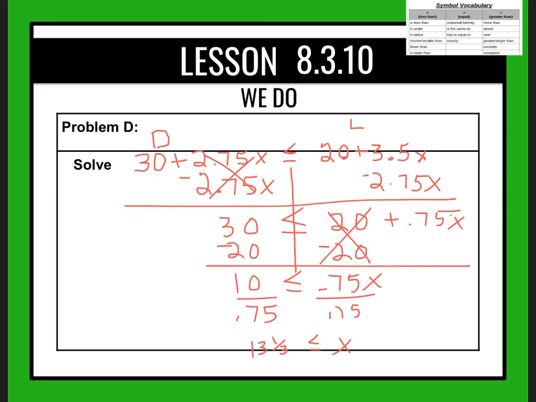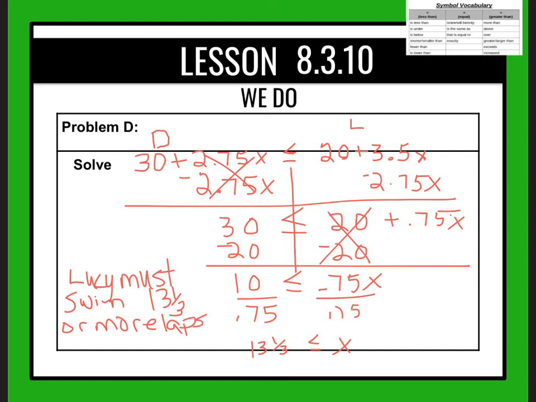She must swim, and I'm going to put, Lucy must swim 13 1/3 or more laps in order for her to spend the same number or more minutes exercising than Dan.